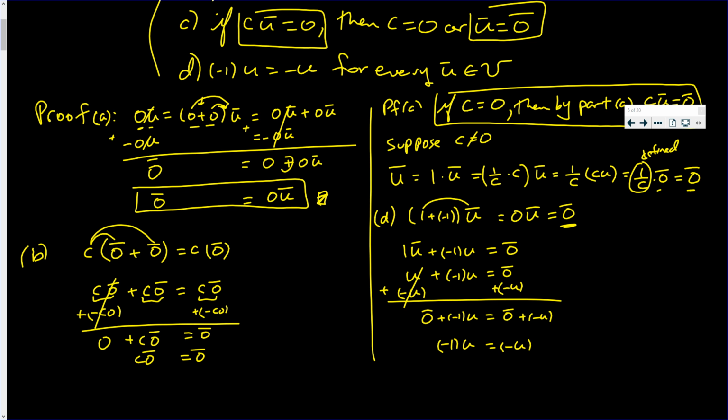Okay, so I've proven that negative 1 times u, which is exactly what I have, equals negative u. I mean, the one thing I can say is I didn't need these parentheses. Equals negative u. Exactly what I wanted.